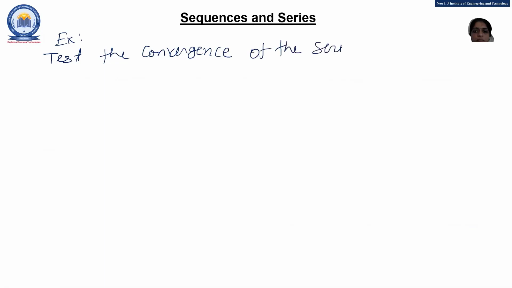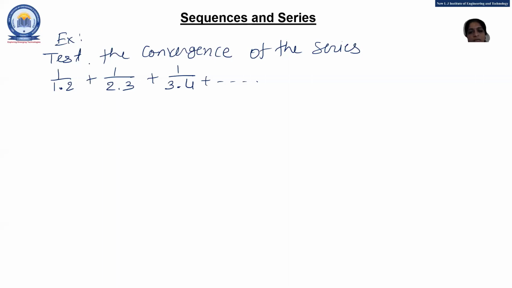Suppose you are given a question: test the convergence of the series 1 upon 1 into 2 plus 1 upon 2 into 3 plus 1 upon 3 into 4 plus up to so on. This is your given series. You have to check the convergence of the given series.